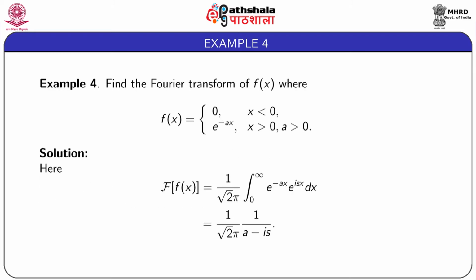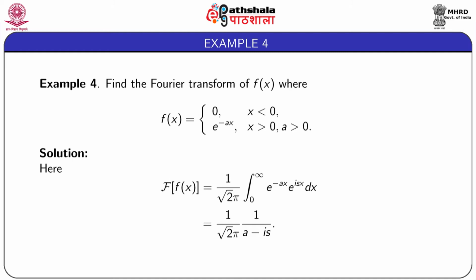Now we come to example 4. Find the Fourier transform of f x where f x is equal to 0 for x negative and f x equal to e to the power minus a x for x positive and also a positive. We are to find the Fourier transform of this function.